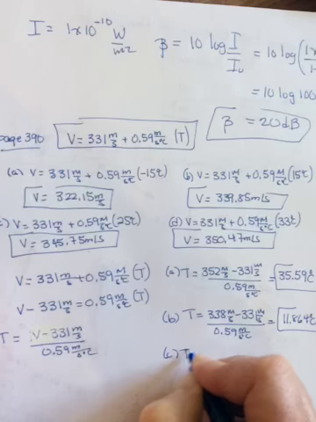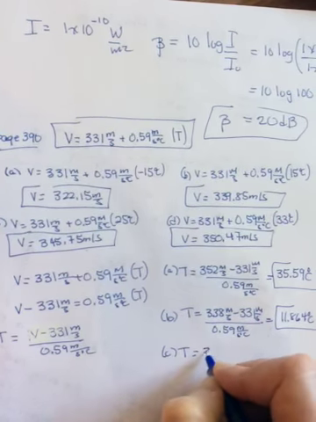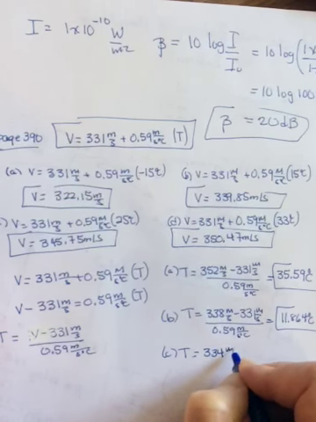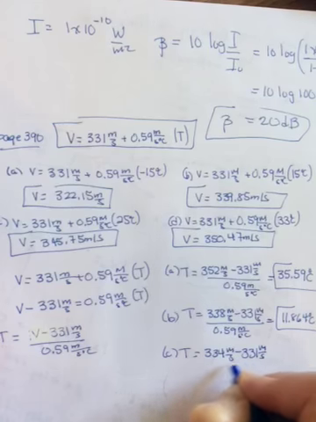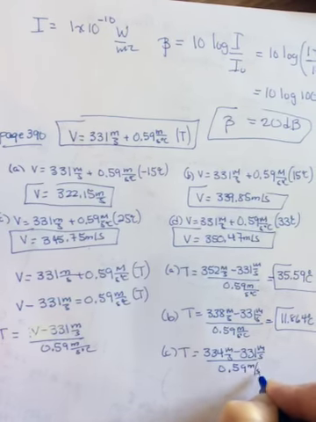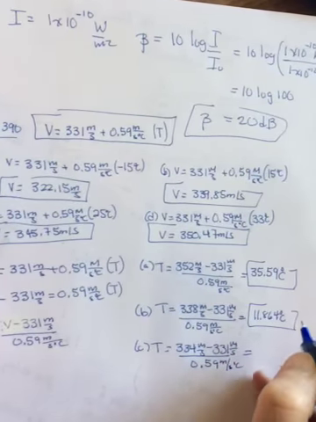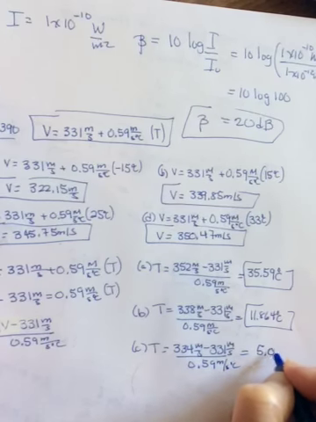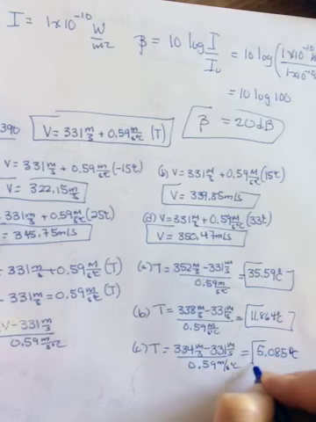C, T is equal to 334 meters per second minus 331 meters per second over 0.59 meters per second degrees Celsius. And when you do this, you should get 5.085 degrees Celsius.